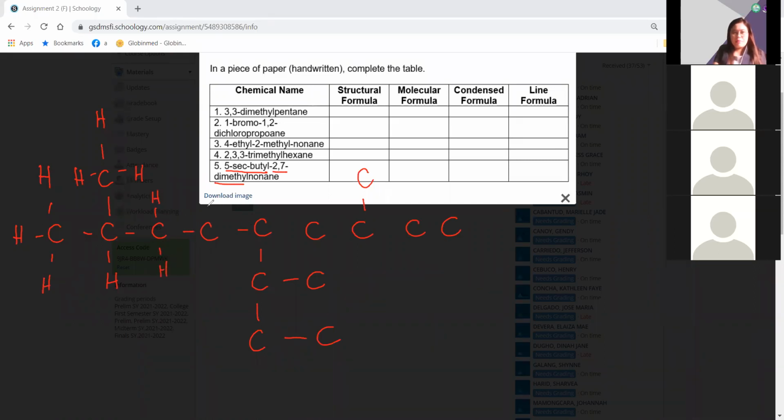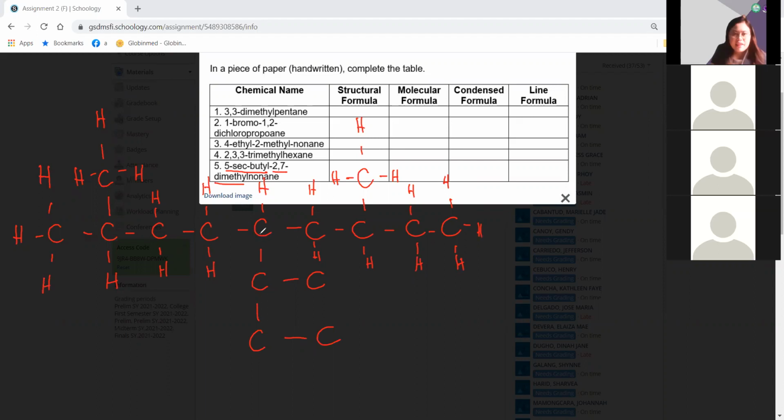This one is a bit complicated. This one kulang ng hydrogen. Ito, kulang ng 2 hydrogen. Wait lang. Okay, baka mag-overlap sila. Yan, medyo complicated ito. And then lastly, we have here.